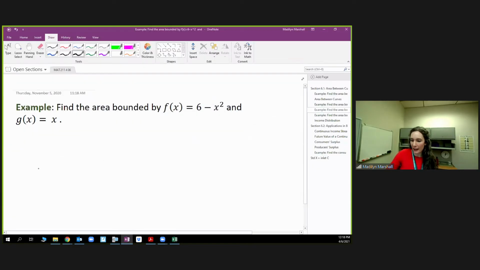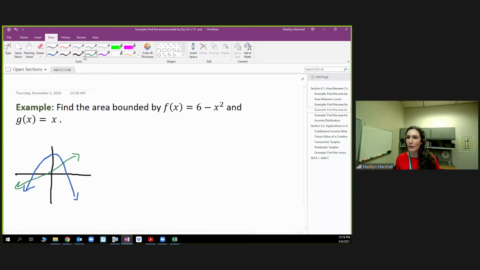So what we have here is this parabola and this line. Well, I missed the origin there. And so we're looking at the area in between them.